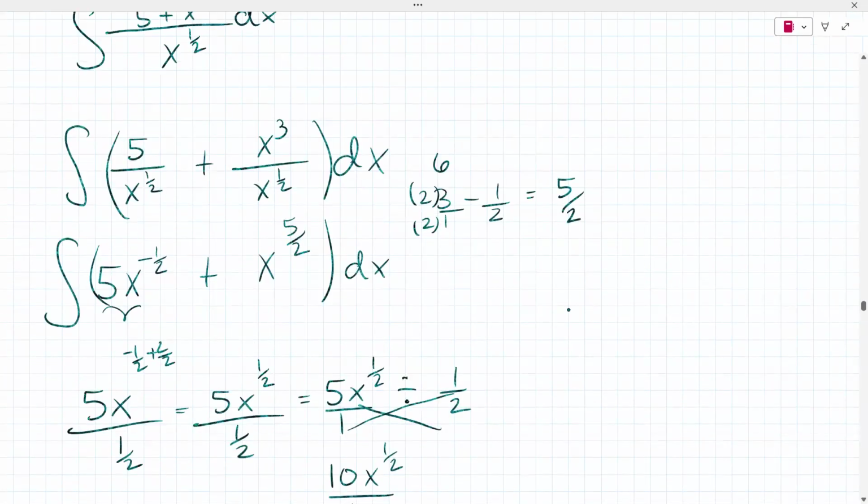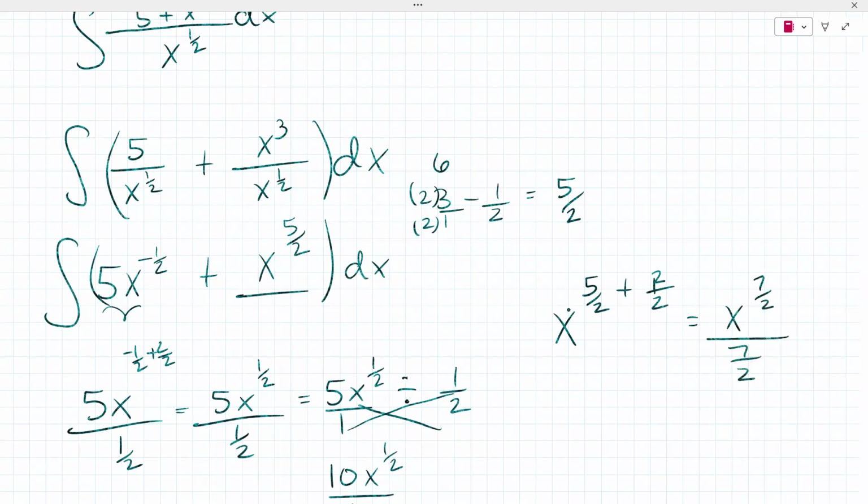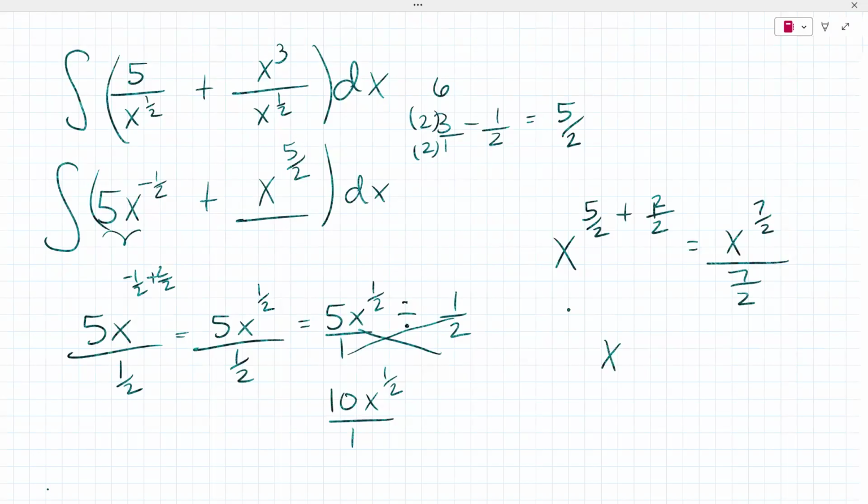And then what's the integration of x to the 5/2? So that's not too bad. It's just old power plus 1. So 5/2 plus 1, or 1 can be expressed as 2 over 2. So that's going to be x to the 7/2 divided by 7 over 2, right?